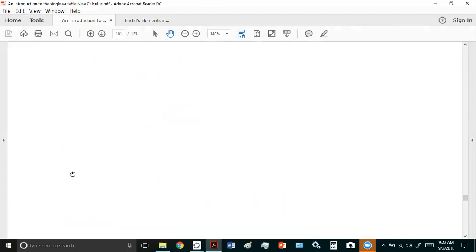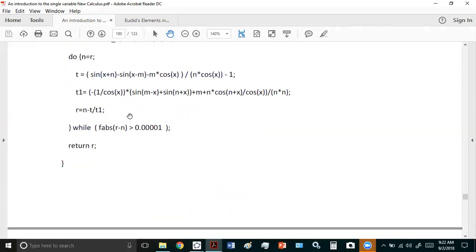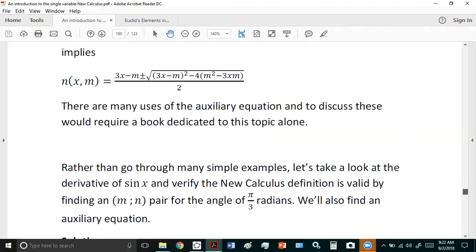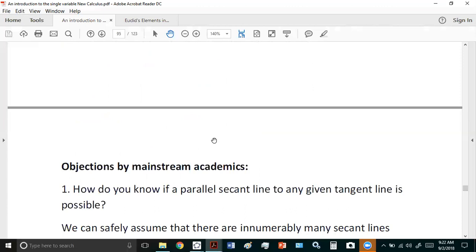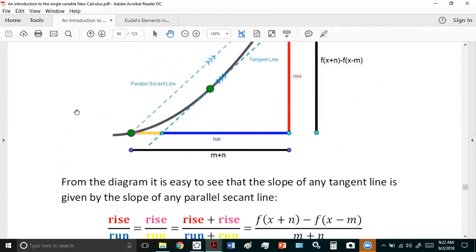Now, I've only given you 2 examples here in this book, but it's not necessary to give more because it's very easy for any high school student to take the derivative definition and find the answer for any particular function that you're trying to calculate the derivative.